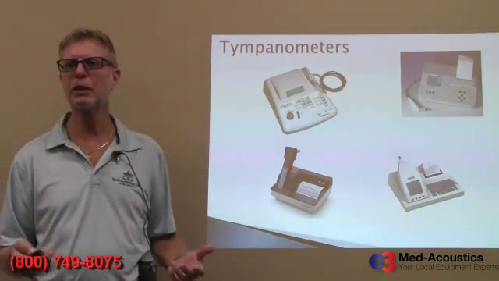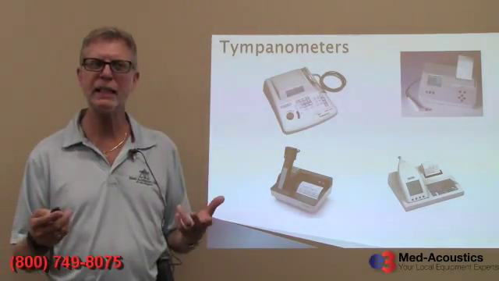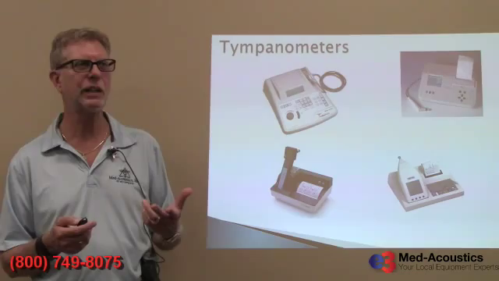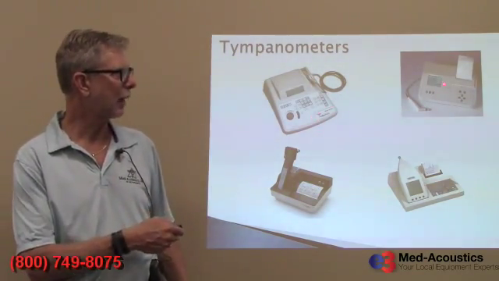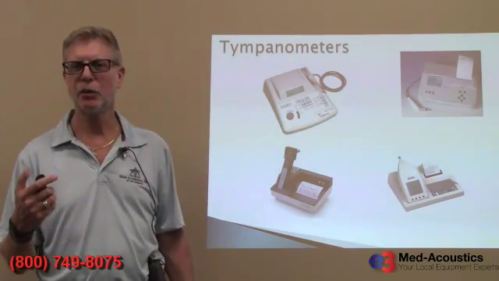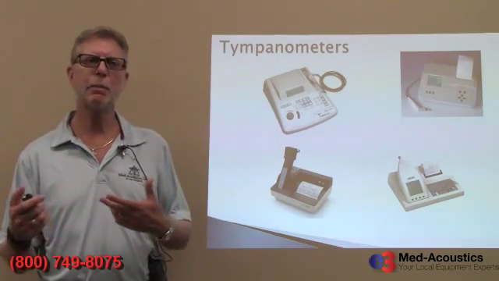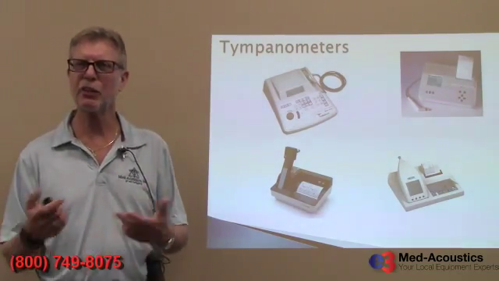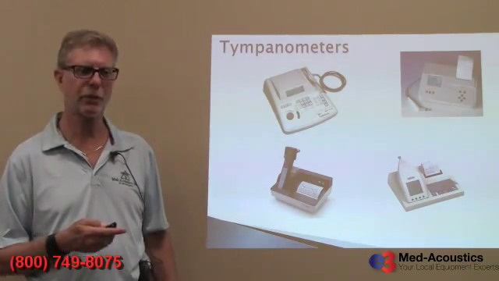So these are typical tympanometers, basically used for screening, but some of them have features beyond screening, like the Grason-Stadler product and the Mako product, features like automated acoustic reflex threshold, and they even both offer contralateral as well as ipsilateral acoustic reflex thresholds.